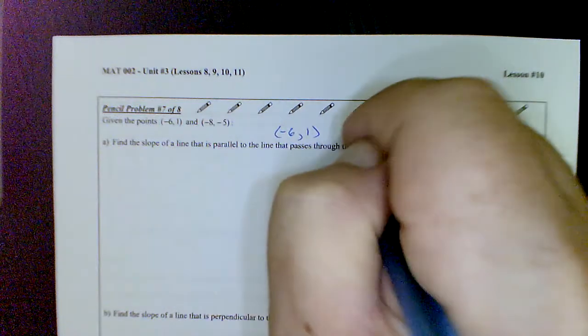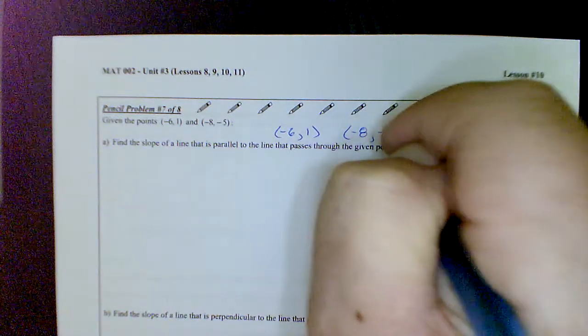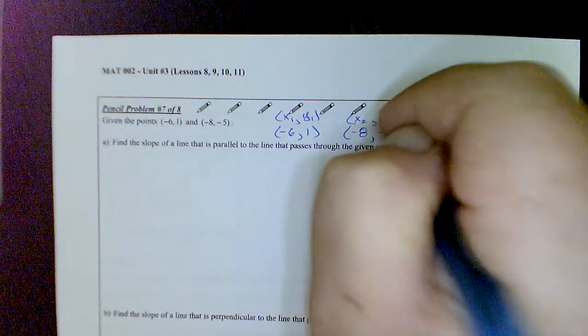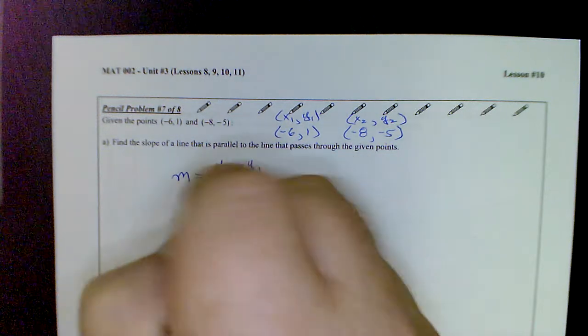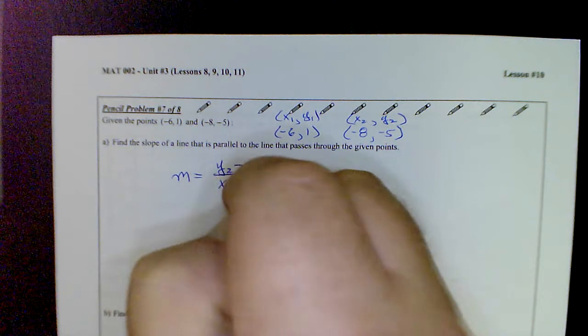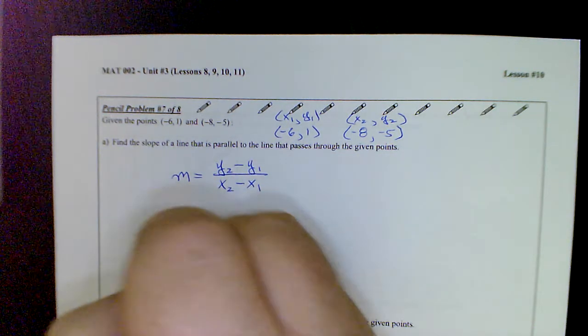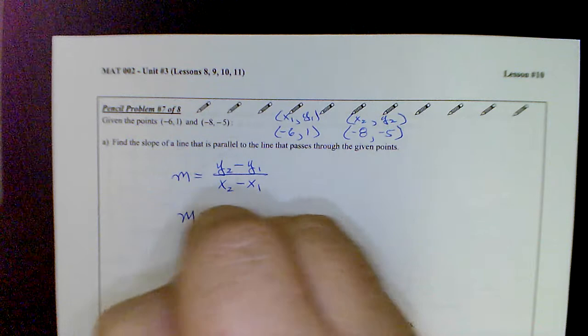So I'm going to recopy the points here, label them literally x1, y1, x2, y2. Find my slope by the formula. Again, y2 minus y1 over x2 minus x1. Make sure you show them as subscripts.